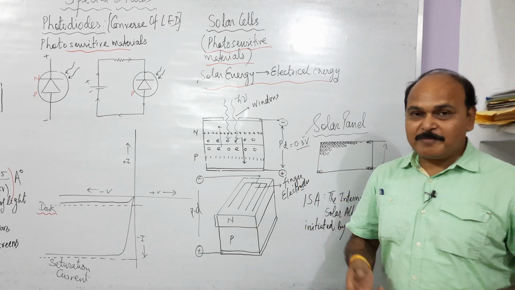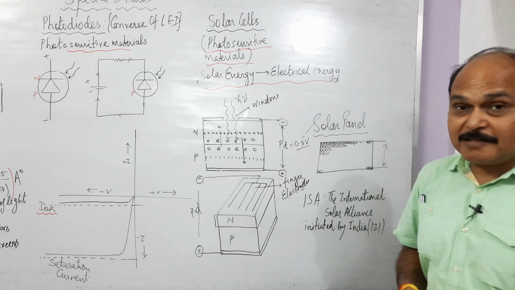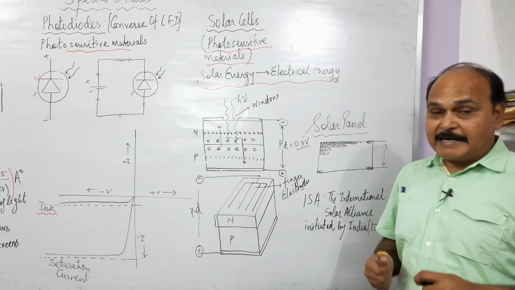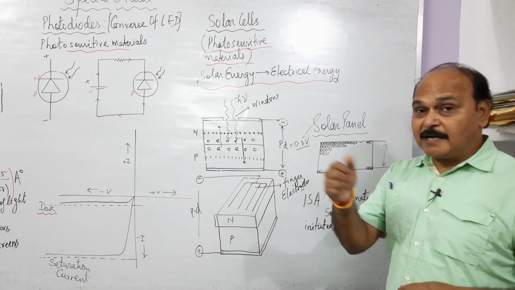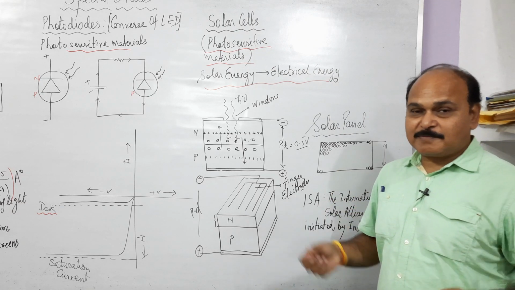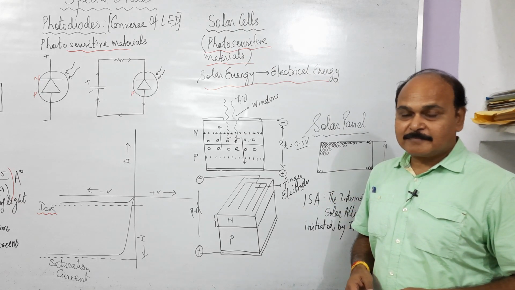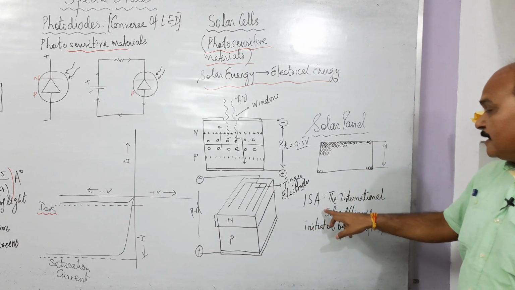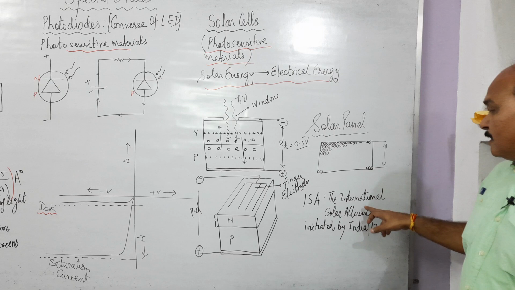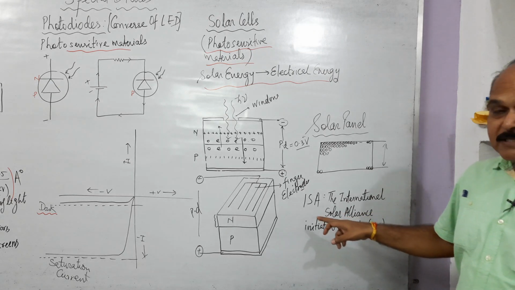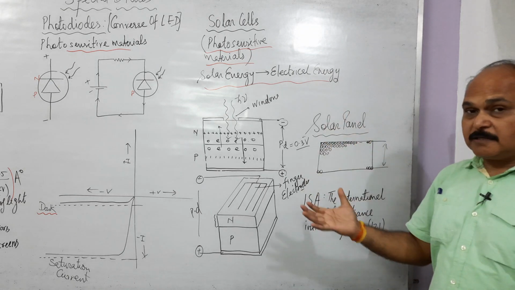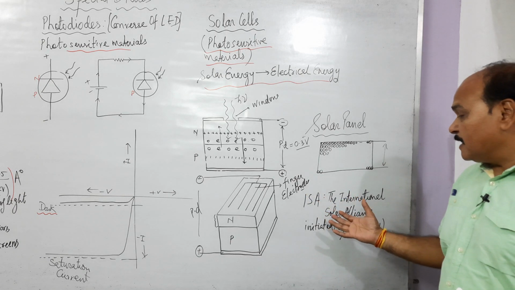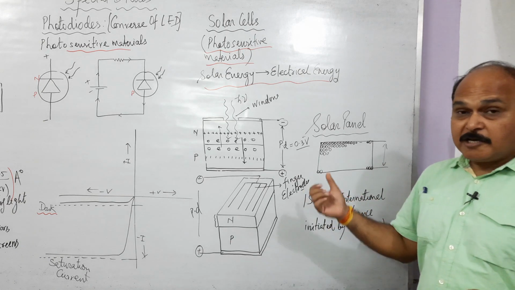You can also be a micro producer of electrical energy by having a solar electrical energy generating unit installed at your place. It is highly subsidized by the government of India. And let me tell you, this is ISA, the International Solar Alliance. This is an international group of nations, and this group was initiated by India.